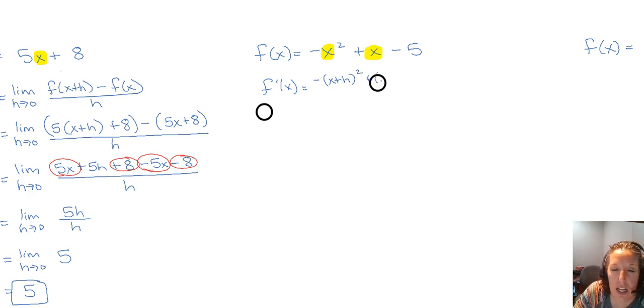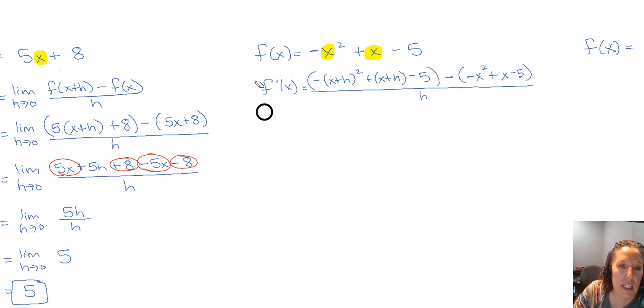Plus, instead of just an x, we're going to get an x plus h, still have that minus 5. All of that is our f of x plus h. Now we need to minus our original function f of x and divide all of that by h. Oh, I forgot. This is the limit definition, so we've got to have a limit on there somewhere. The limit as h approaches 0.